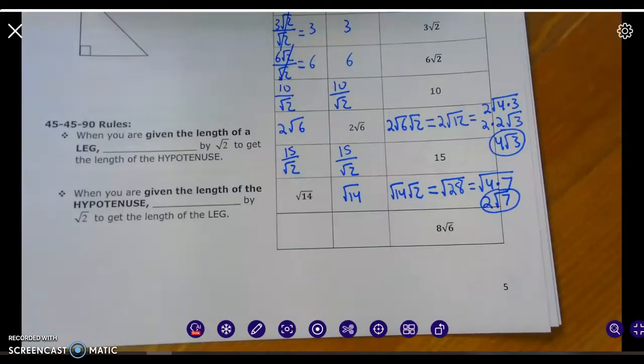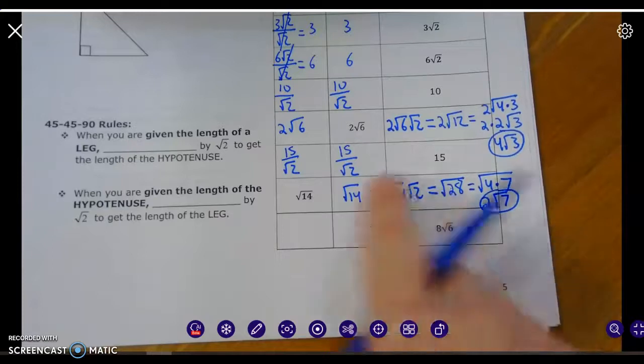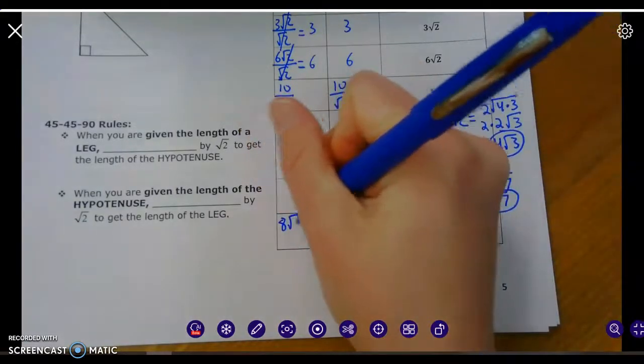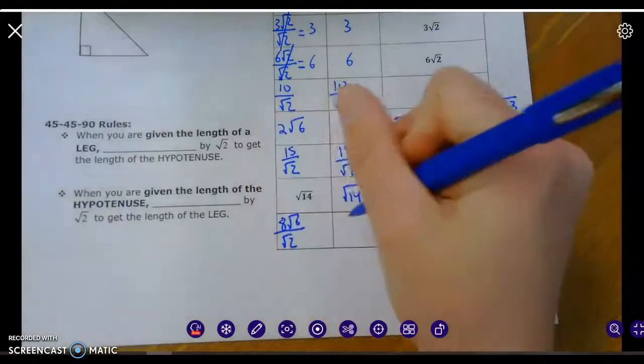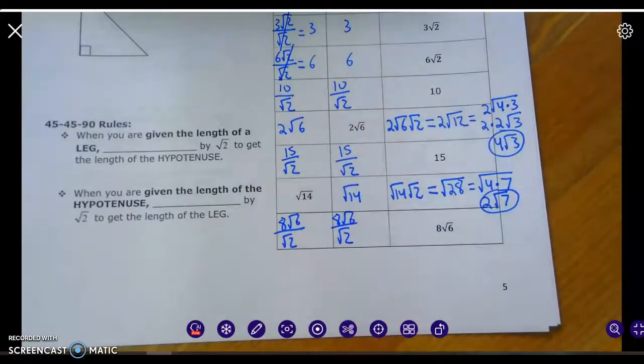Okay, questions about that one? Okay, last one. Got the hypotenuse. We're going to find the legs, so we divide. Okay.